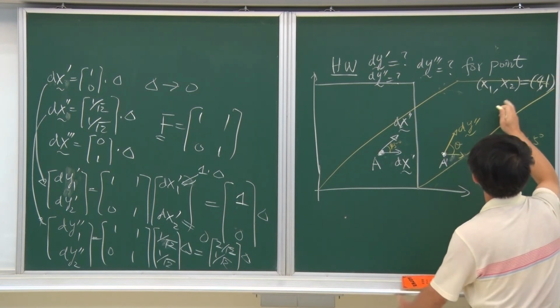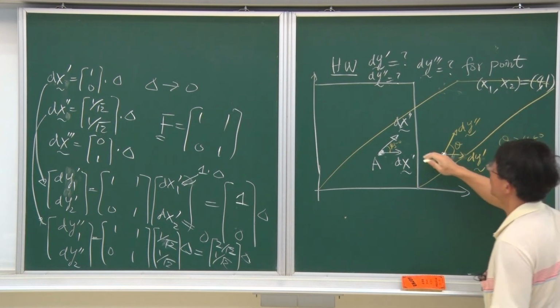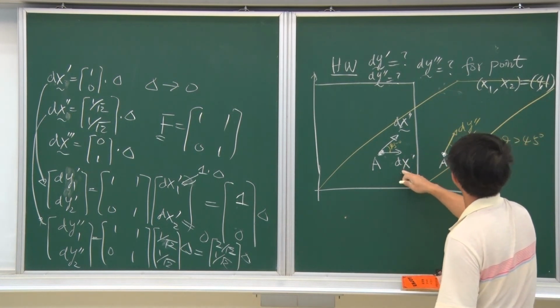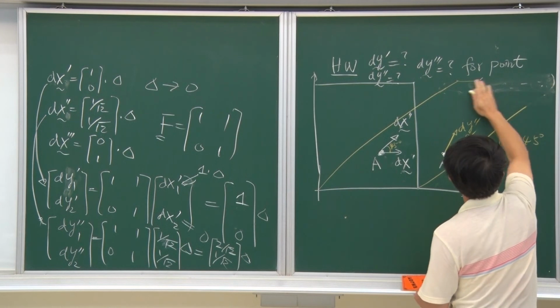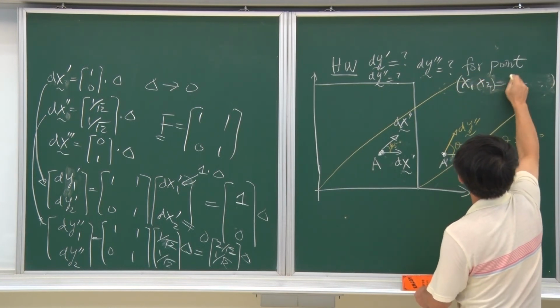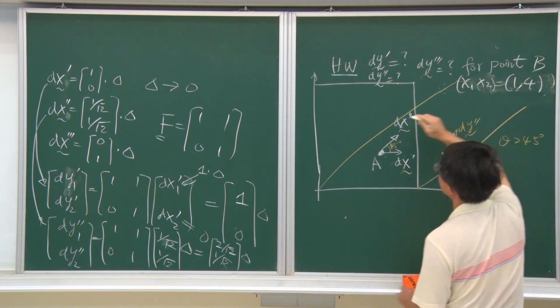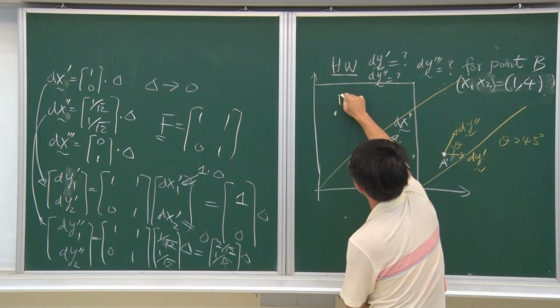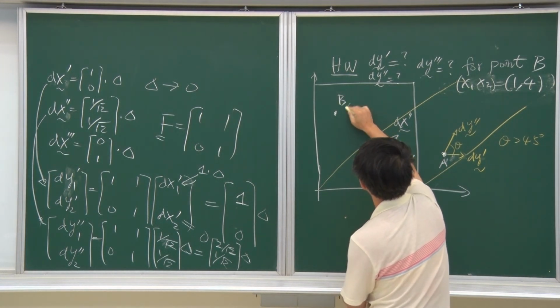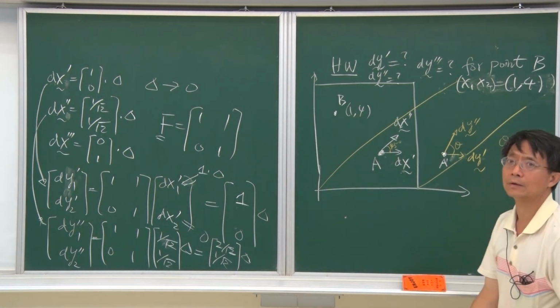Okay, at the point x1, x2 equal to (4, 1), what will be the deformed material line?